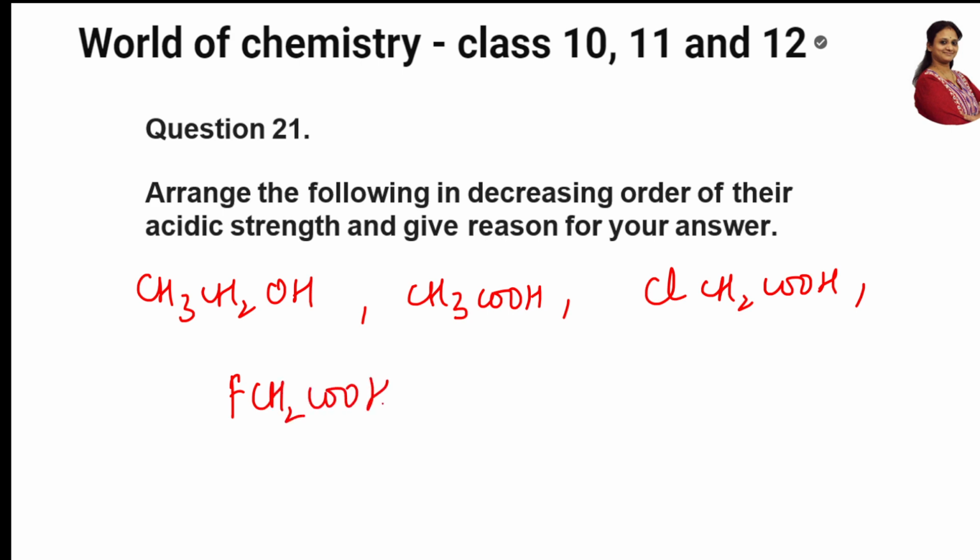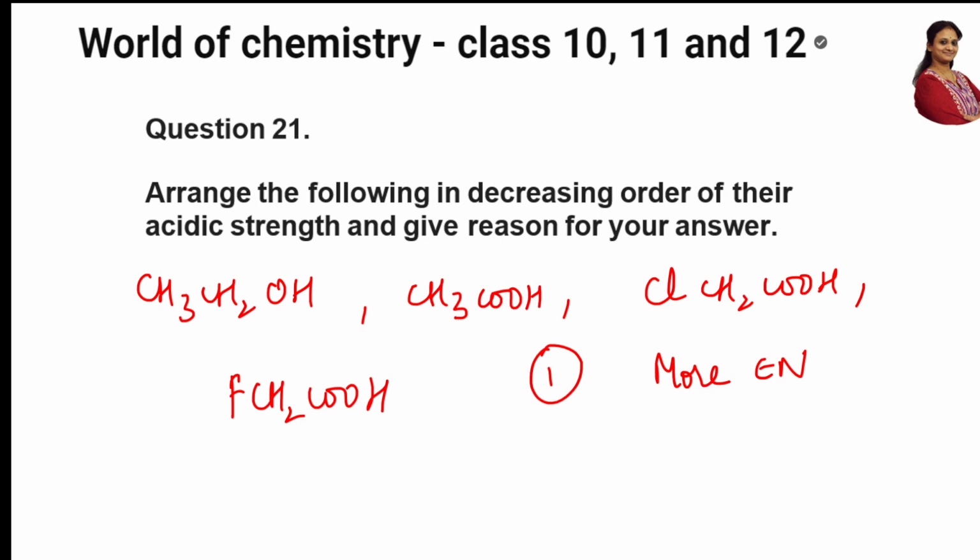This is given. Now understand, first of all, acidity depends upon two things. First, concept number one: the more electronegative the atom, the more the drag will be, correct?